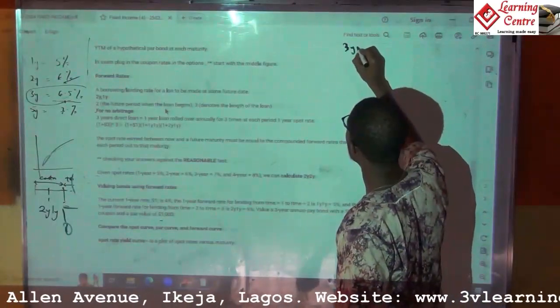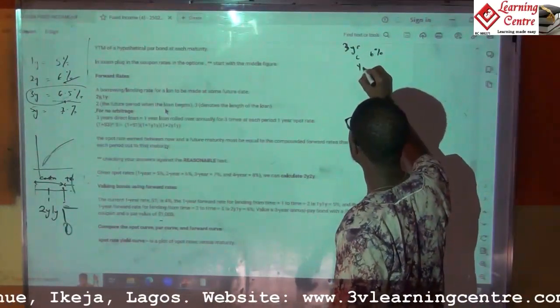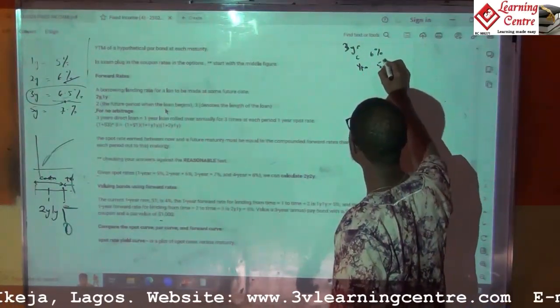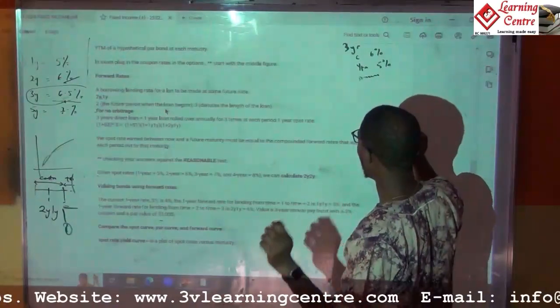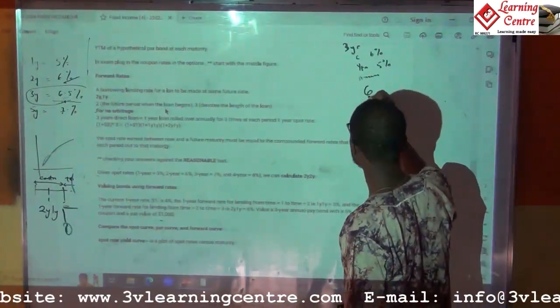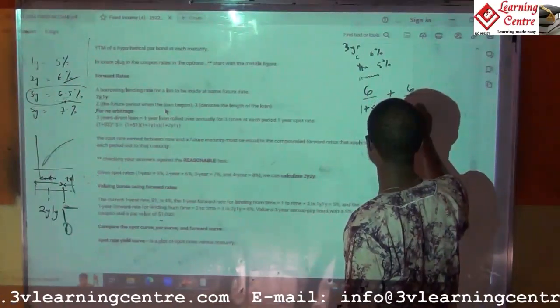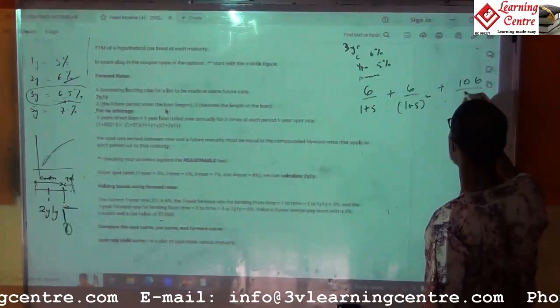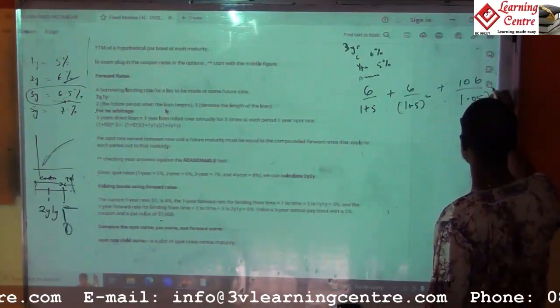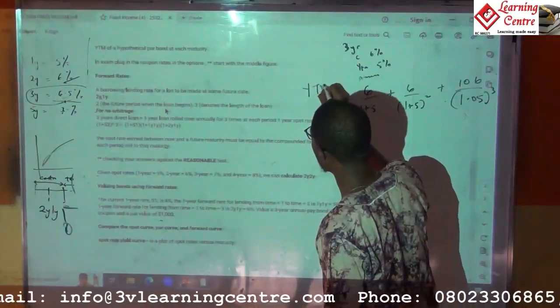If I have a 3-year loan, coupon of 6%, YTM of 5%, then annually all I'm doing is 6 over 1.05 plus 6 over 1.05 squared plus 106 over 1.05 cubed. I'm writing this based on my YTM.